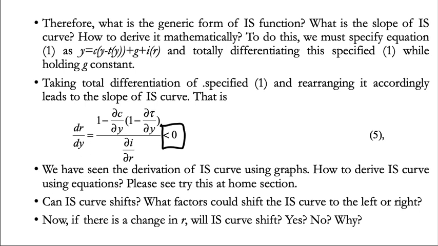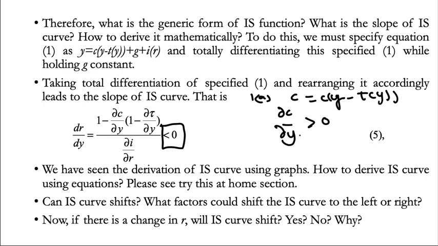Now recall back, we have 1a, that is C equals a function of disposable income, and we know that the partial derivative of C with respect to Y is positive.